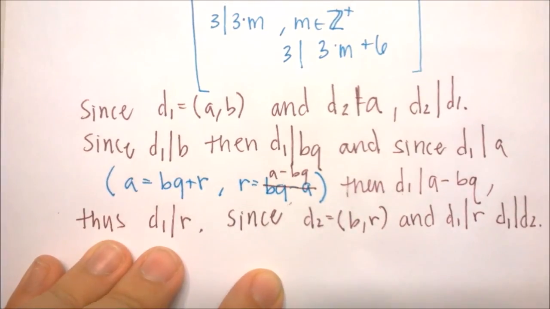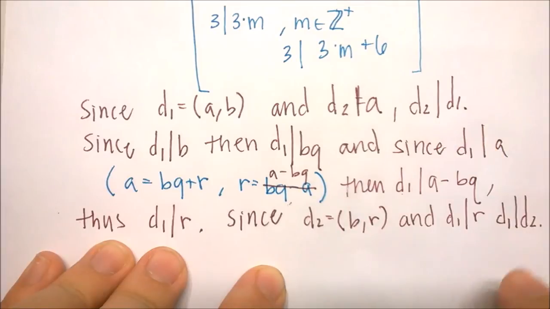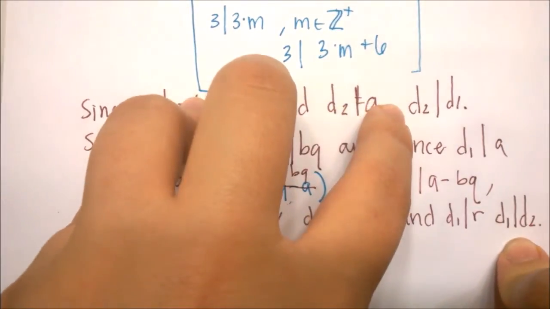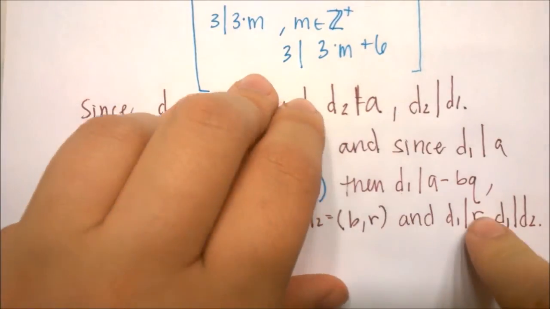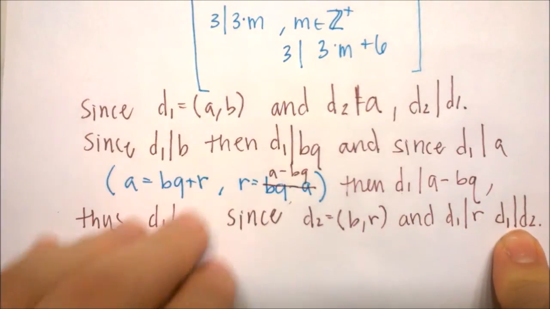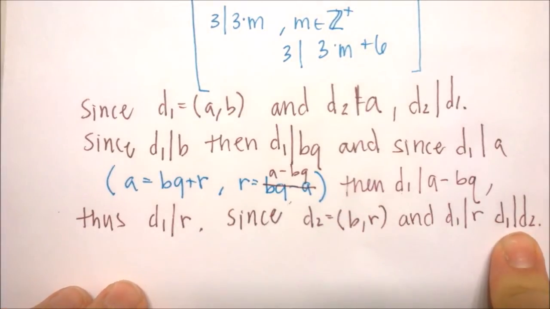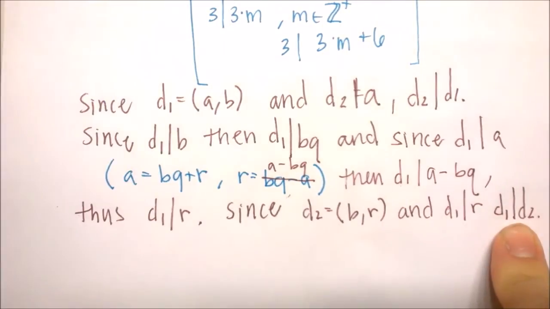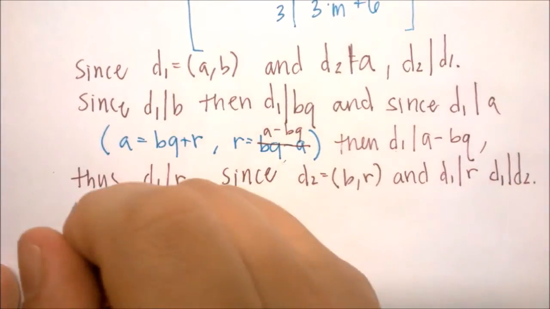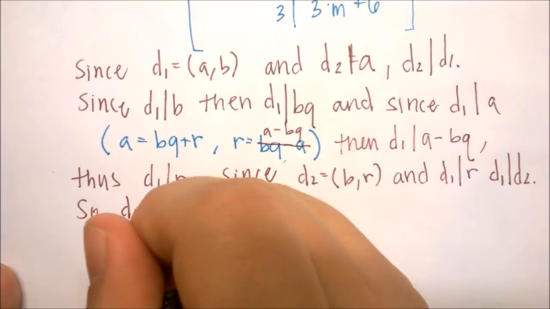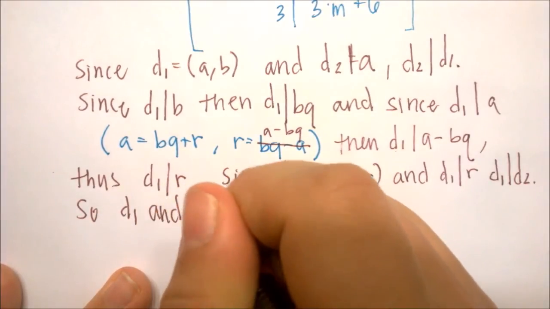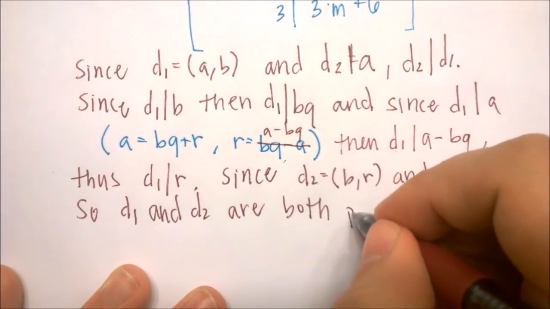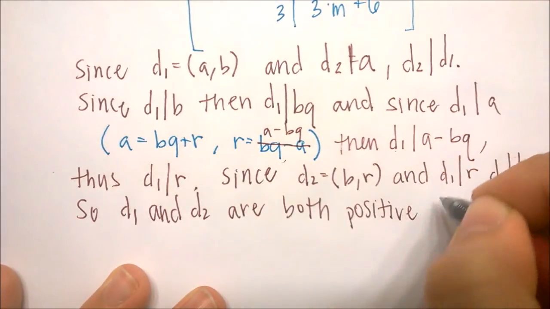Well, okay, so now here we have D2 divides D1 and D1 divides D2. Now remember, if we're saying D2 is less than or equal to D1 and D1 is less than or equal to D2, well, they can't both be less than the other, so the only option is for them to be equal. So D1 and D2 are both positive integers.